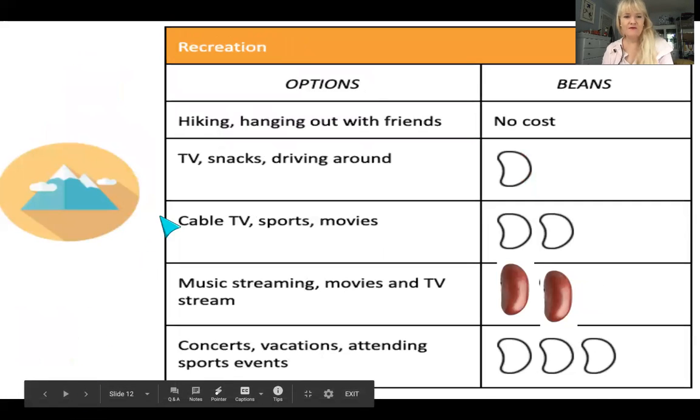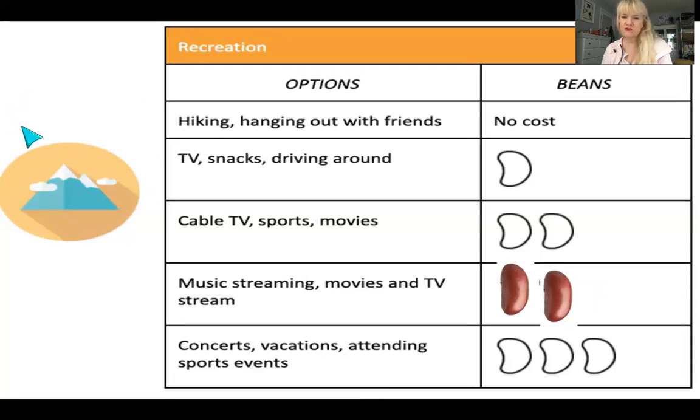All right, recreation. There's no star here, which means I don't have to spend anything, but I can if I want to. Let's see what our choices are. The first choice that costs nothing says hiking, hanging out with friends. That costs nothing. I went on a hike this weekend to the park. I took my dog. That didn't cost anything.